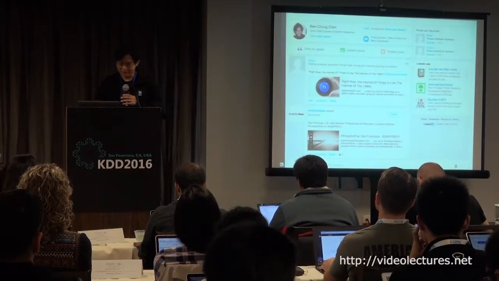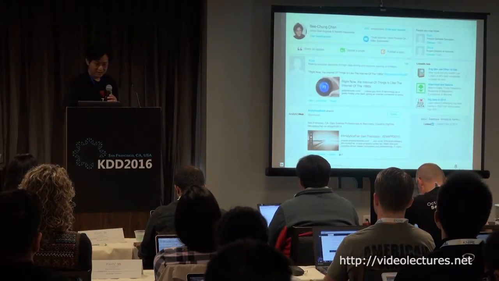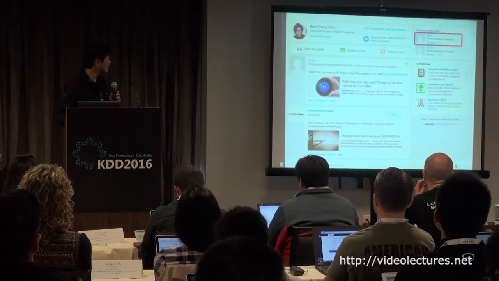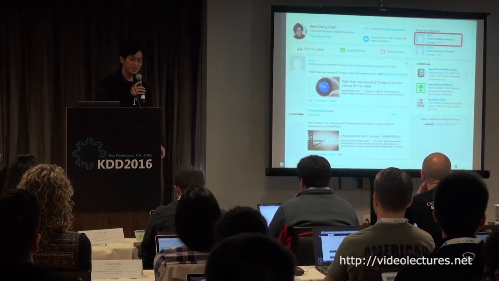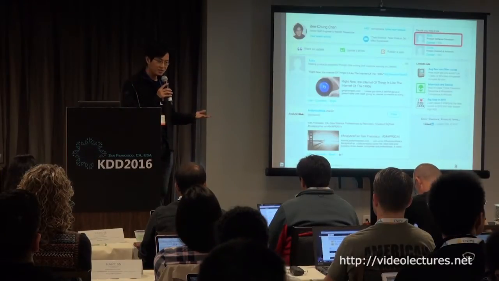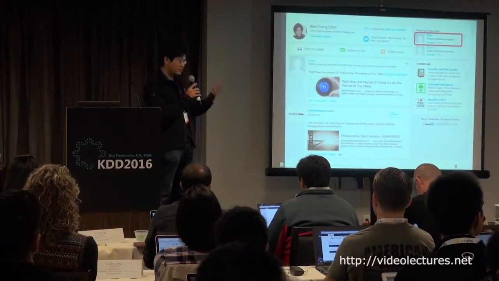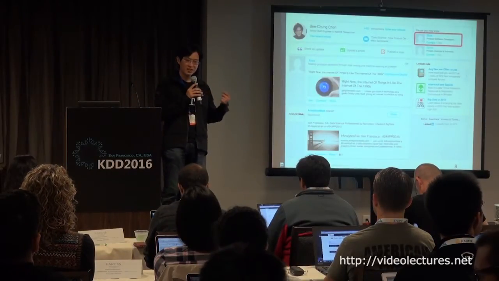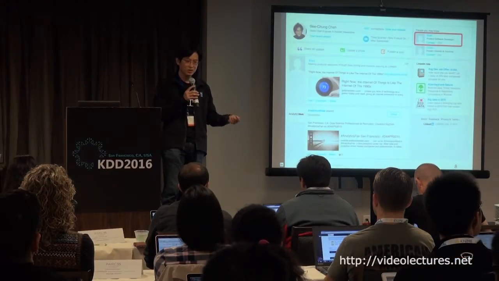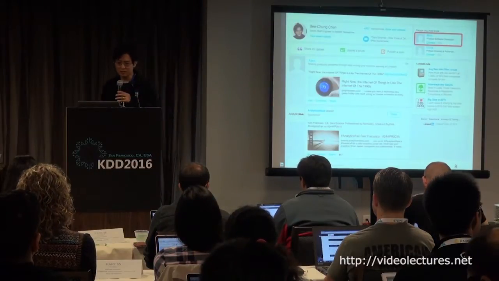Just take LinkedIn, for example. If you go to the LinkedIn homepage, you will see on the right-hand side, we recommend people to the user. Here, the items are people, and the objective is, well, we hope that people who receive the recommendation would accept it and send the invitation, and eventually form a new connection for a given user on LinkedIn.